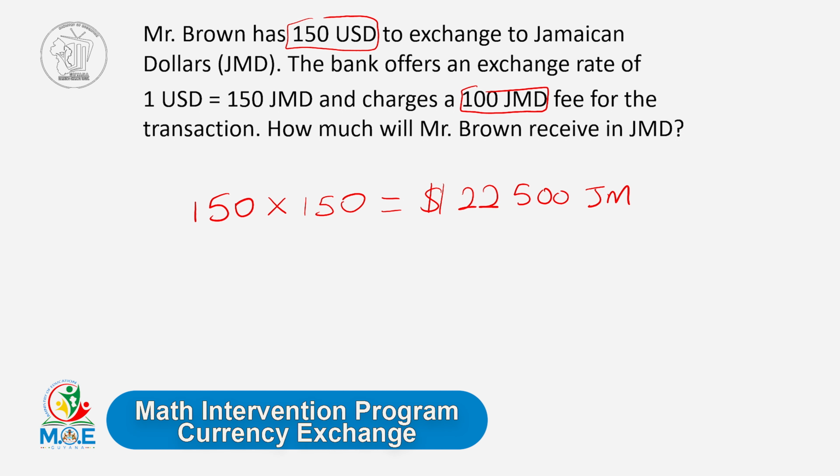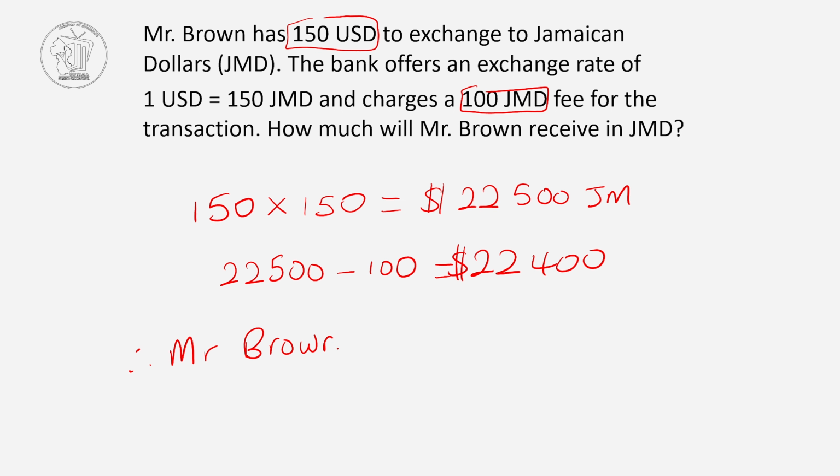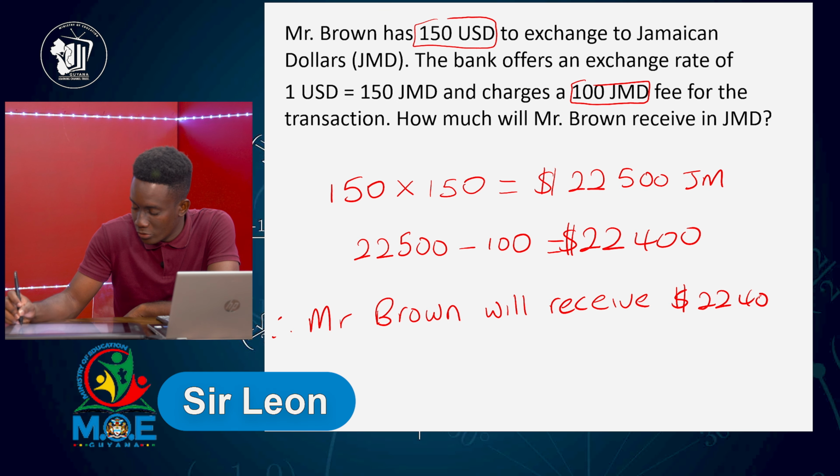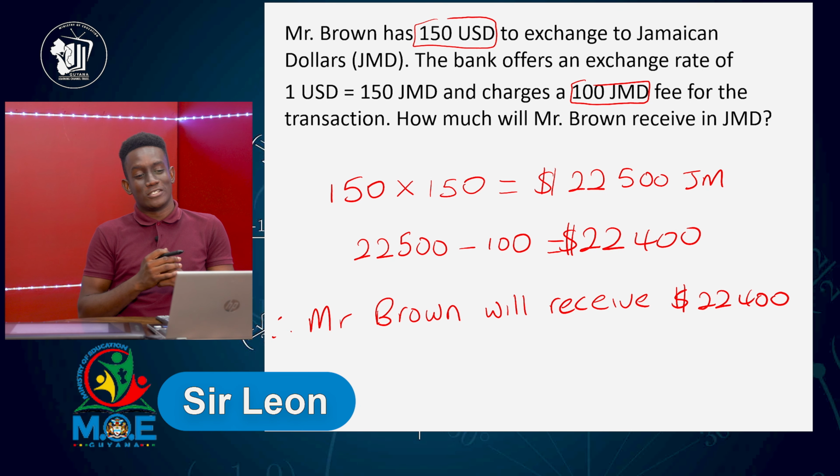So now to find the amount of money that he will receive would be 22,500 subtract the $100, which will give us $22,400. So we can say therefore Mr. Brown will receive $22,400 after we finish taking out the $100 deduction for the transaction.